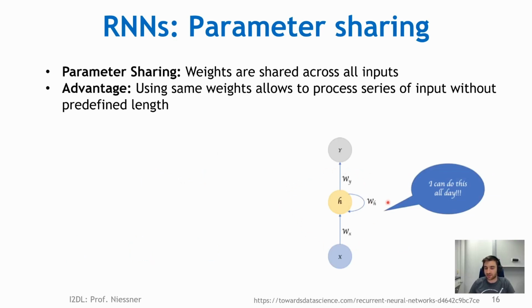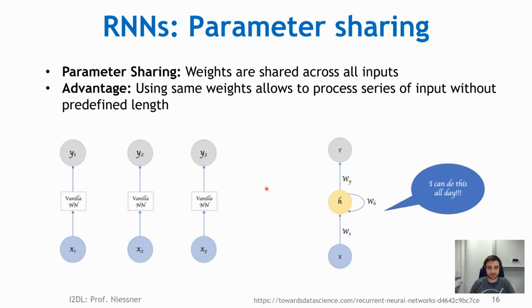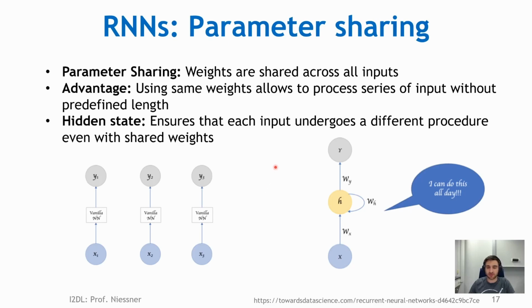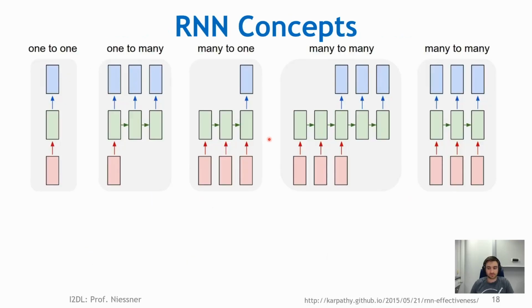Because we have this hidden unit in the middle and the same weights, for the entire series we can repeat this, but still capture the relationship to previous samples or input items by incorporating the hidden state. That means each input sample in our series undergoes a procedure with the same weights, however.